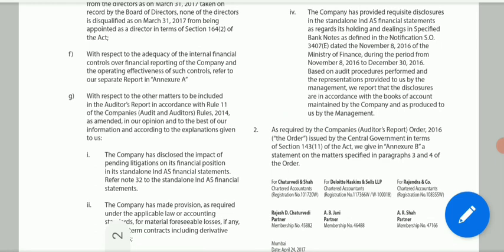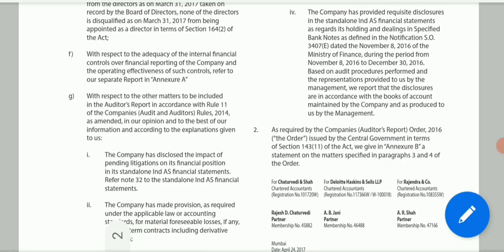So as required by the Companies (Auditor's Report) Order 2016, that means CARO 2016, issued by the central government in terms of section 143 sub-section 11 of the Act, we give in Annexure B a statement on the matters specified in paragraphs 3 and 4 of the order.